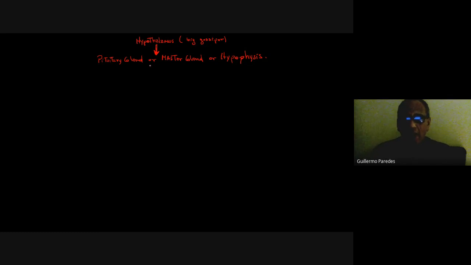The pituitary gland is like this, with a pedicle here. So this portion is the anterior and this is the posterior. So we have two components of the pituitary gland. We have the anterior pituitary gland, and you need to remember this name, also called the adenohypophysis.